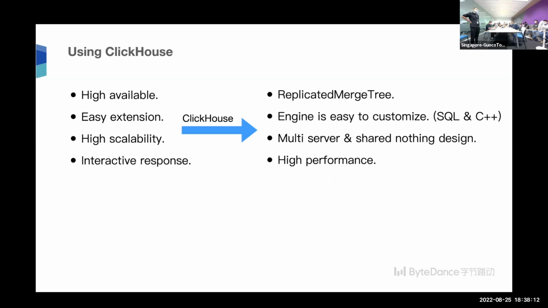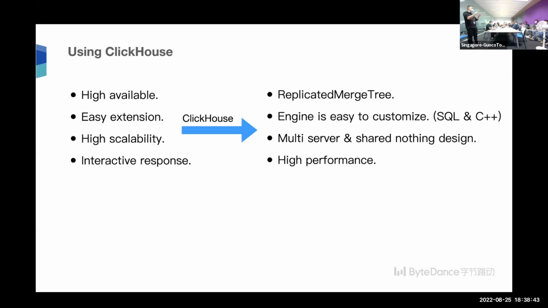Several years ago, we chose ClickHouse mainly for four reasons. The first one is high availability, and the second is that it's easy to understand and it's open source. Its license is very friendly, so everyone can extend it easily. The third one is high scalability. ClickHouse has a multi-server architecture.